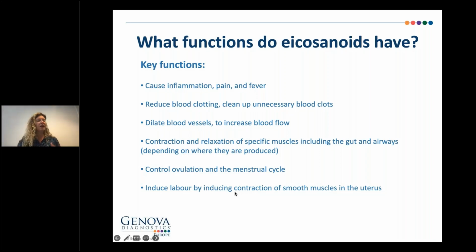And these are things like causing inflammation, pain, and fever, reducing blood clotting and cleaning up unnecessary blood clots, dilating blood vessels to increase blood flow, the contraction and relaxation of specific muscles, including the gut and airways, depending on where the prostaglandins are being produced. They also control ovulation, the menstrual cycle, and they help to induce labor by inducing the contraction of smooth muscles in the uterus. So their roles are very diverse.